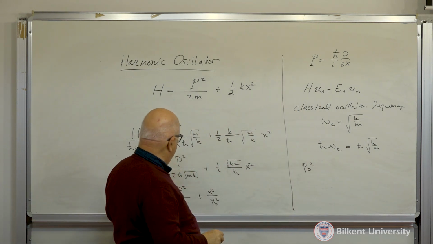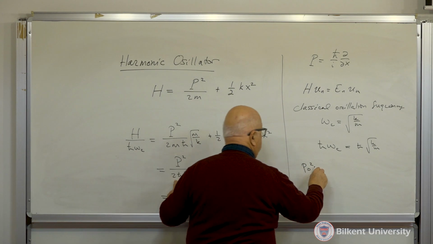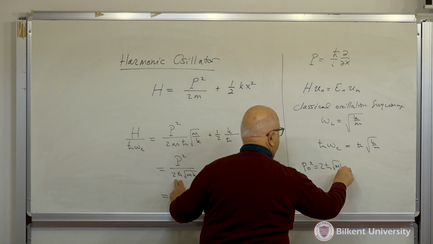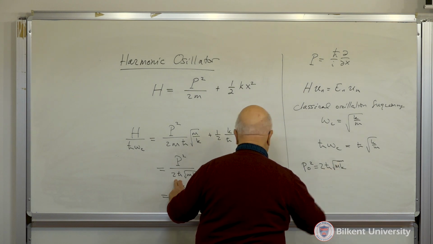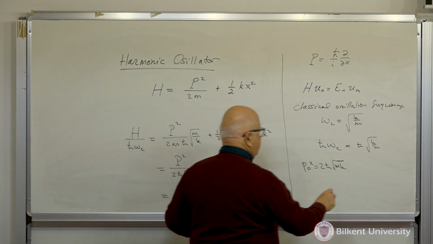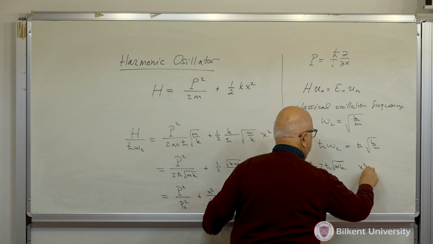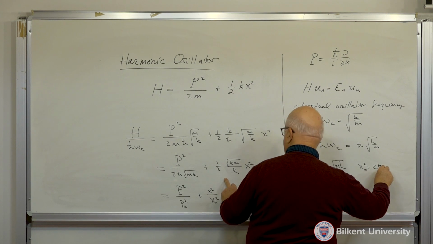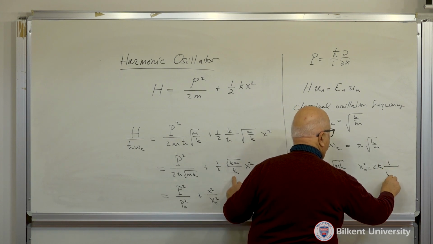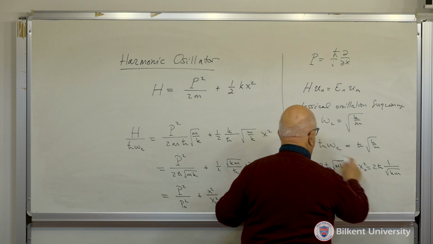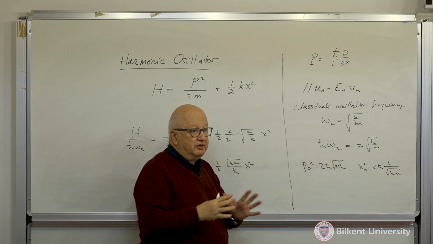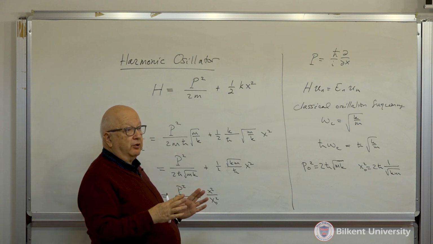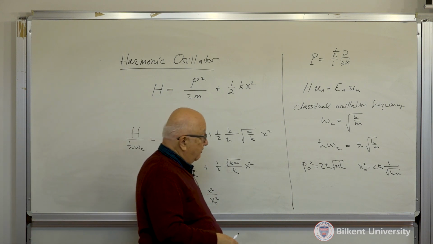So p0 squared is 2 h bar square root of m k, and x0 squared is equal to 2 h bar times 1 over the square root of k m. Okay, so these are the length scale and momentum scale associated with the harmonic oscillator. We'll see how these come in.